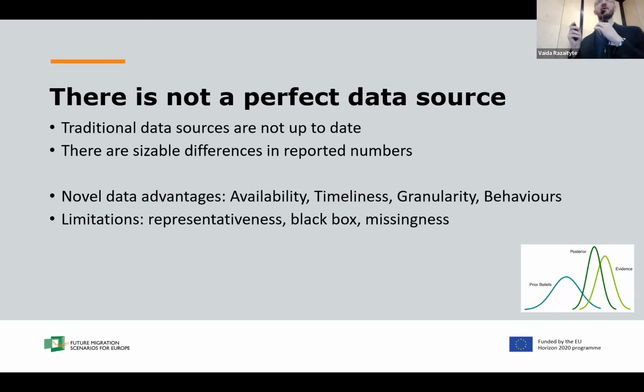They are granular, so they often have these characteristics that we lack in official or traditional data sources, and they may capture behaviors of people, sometimes not genuine, but we believe that some of them are indeed genuine. The limitations are, again, biases due to representativeness, the black box nature, missingness, or sometimes access problems, such as the changes in ownership of Twitter, which may indeed impact lots of research that has been done using this source.